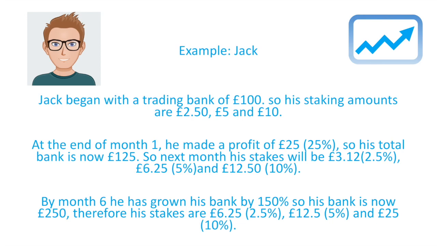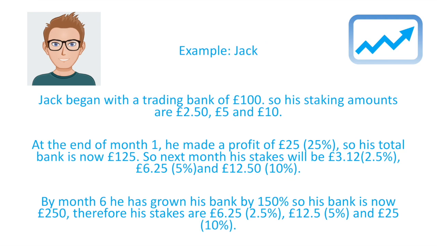So we're going to take a look at a couple of examples here, starting with Jack, to show you how the ratchet system works. So Jack began with a trading bank of £100, so his staking amounts are £2.50, £5 and £10. Now at the end of month one, Jack made a profit of £25, and this represents a 25% return on investment.